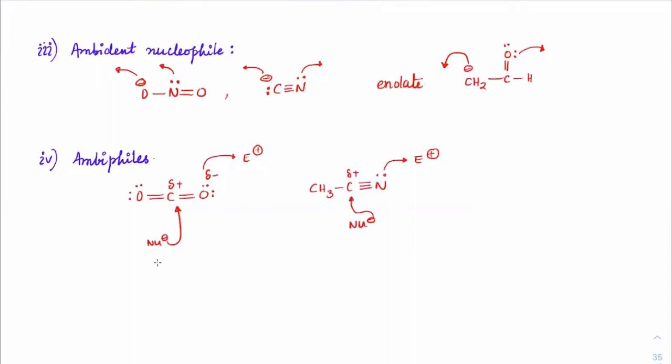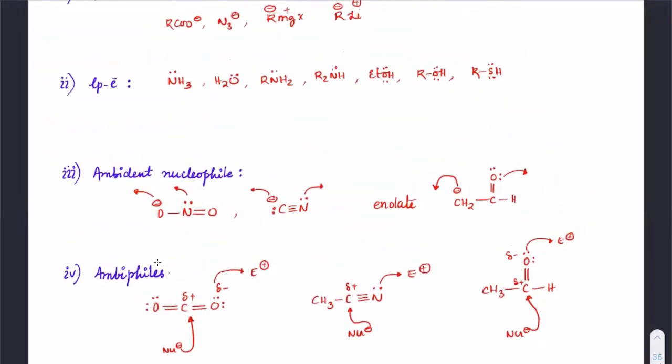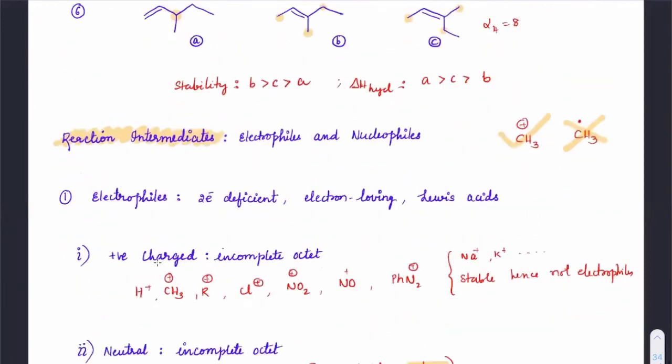Another example, you can see CH3, C double bond O, H. This oxygen has two lone pairs present on it with delta negative, and this carbon is delta positive. So this will accept electrophiles, and here a nucleophile can combine on this carbon because of its positive charge. So these are all ambiphiles. Everyone got these two terms? Make a note of it.